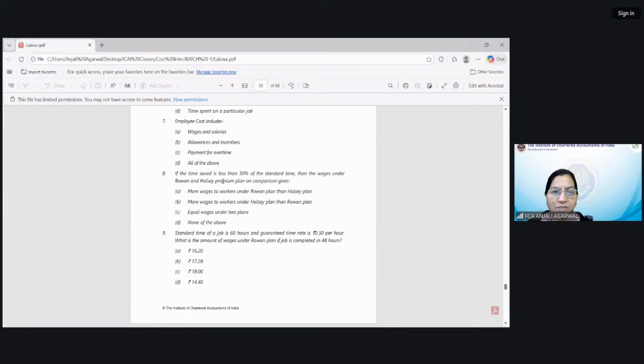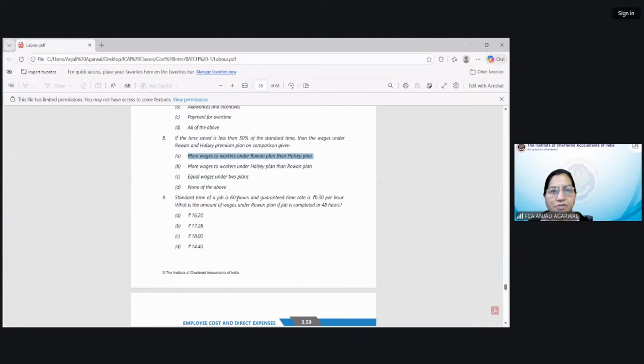So if the bonus is more, the total wages will also be more. So under Rowan plan, it will be 2 by 10, 20% of 800, which is 160. So Halsey is giving 100, but Rowan is giving 160. So Rowan gives more wages under the plan when the time saved is less than 50% of the standard time. Okay. So more wages to workers under Rowan plan than under the Halsey plan.